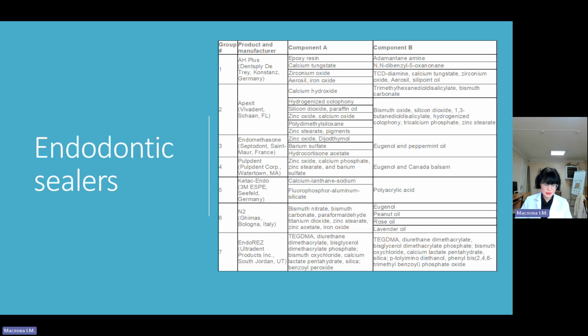As a group, ZOE sealers require water in their setting process, are cytotoxic to the periapical tissue, shrink, are soluble, and can stain tooth structure.